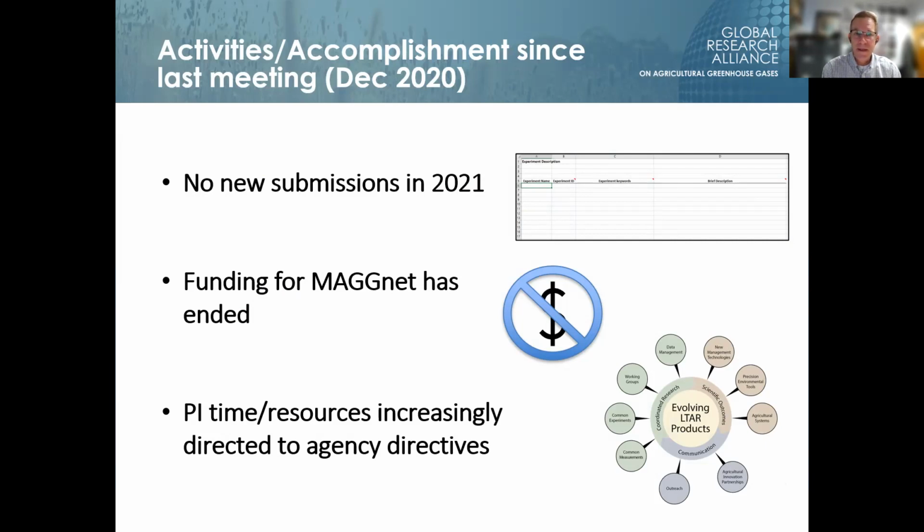But we have not been able to secure similar support since then. Also, my time has been directed increasingly towards some network activities here within the United States, and so it's been somewhat difficult to stay on the front foot with respect to supporting this activity.